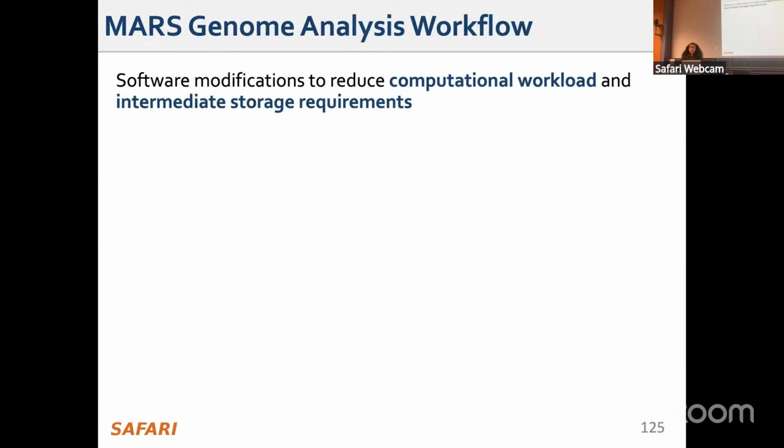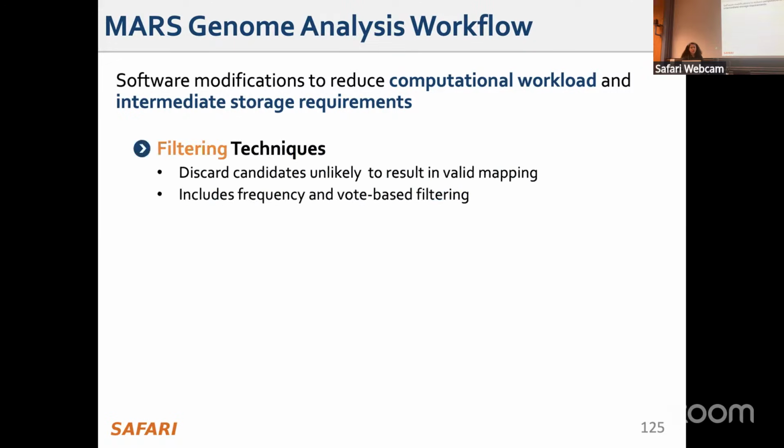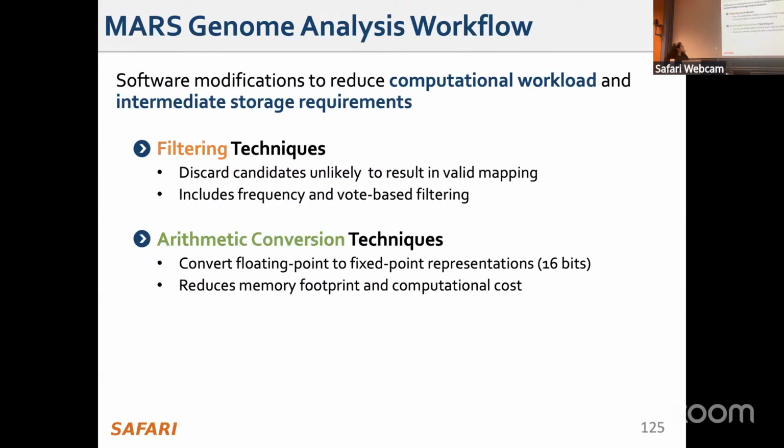So what does Mars's workflow look like? There are some software modifications to reduce computation overhead and intermediate storage requirements. Some filtering techniques discard candidates that would likely result in invalid mapping, and include frequency and voting-based filtering. And arithmetic conversions convert floating point to fixed point, and reduce the memory footprint and computational costs.